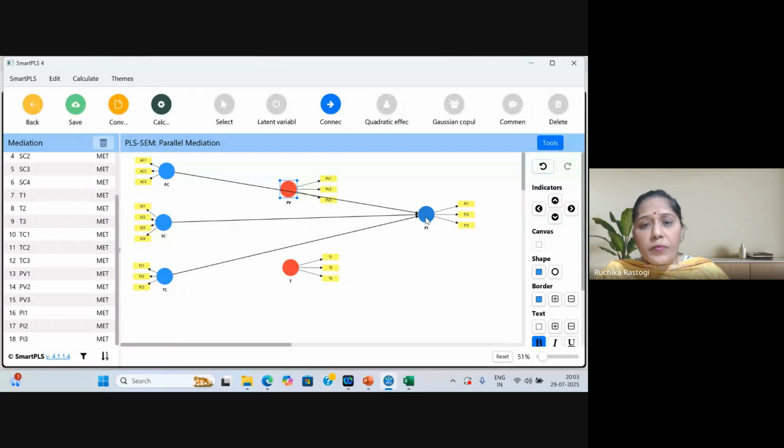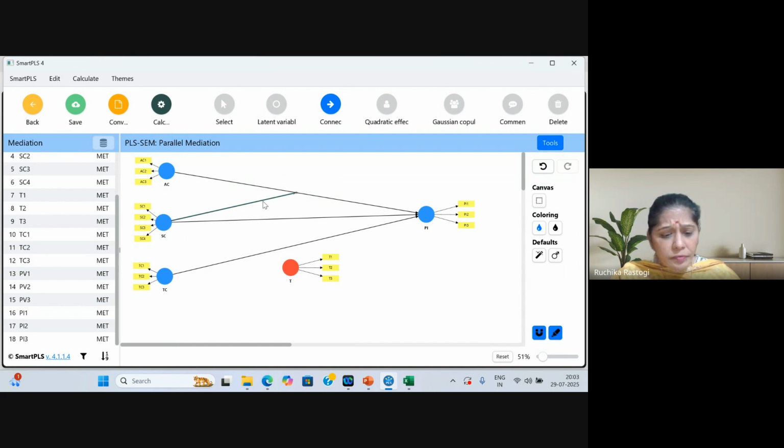Now, what we will do, we will connect the independent variables with the mediator. AC with PV, SC with PV.